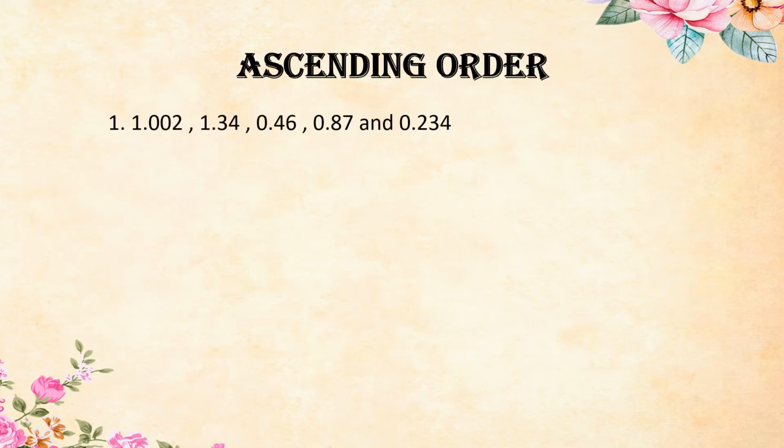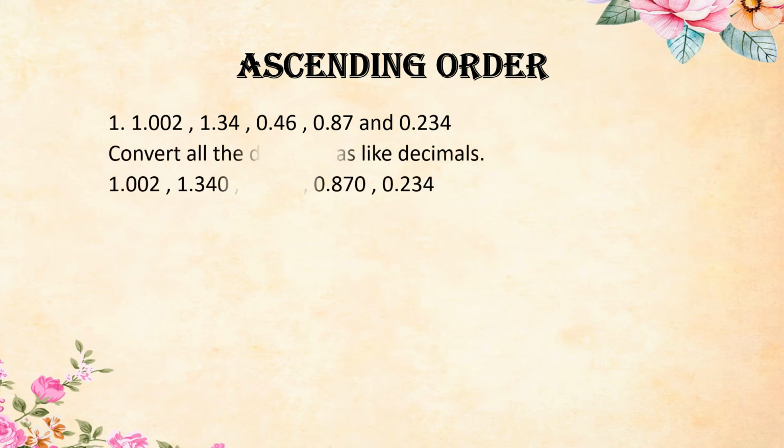Ascending order. Ascending order means arranging the numbers from the smaller to the greater. Here the different decimal numbers are 1.002, 1.34, 0.46, 0.87, 0.234. So the first task is to convert all these into like fractions.